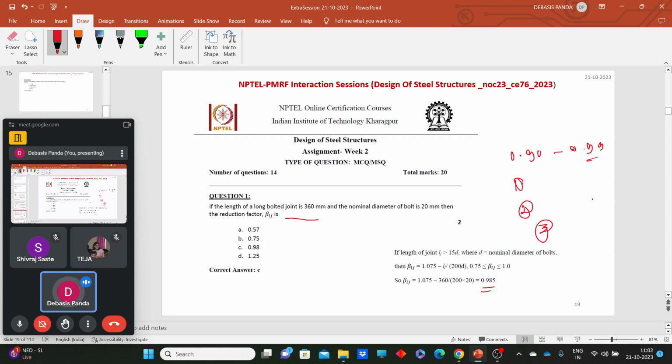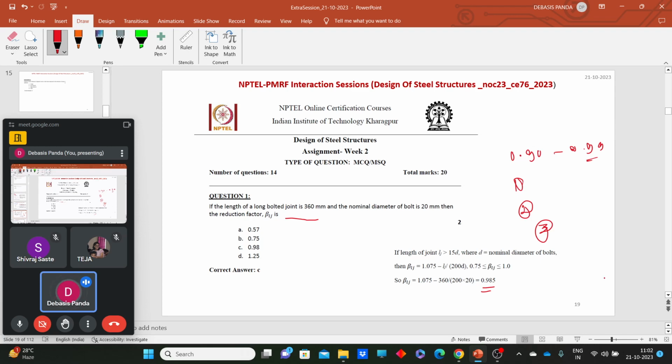Do you still have any questions, or can we solve some problems and then close the session? Sivraj, clear? Go through the three assignments, 22, 23, and 20. Don't worry, you can solve all the questions of the final exam.